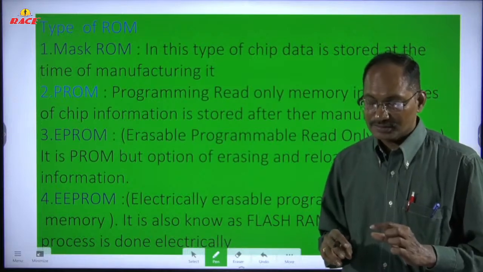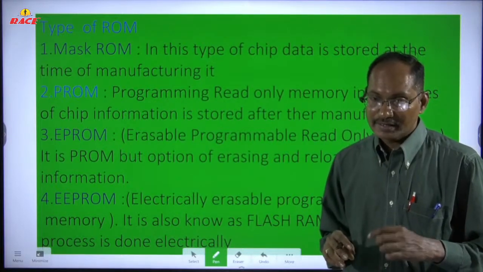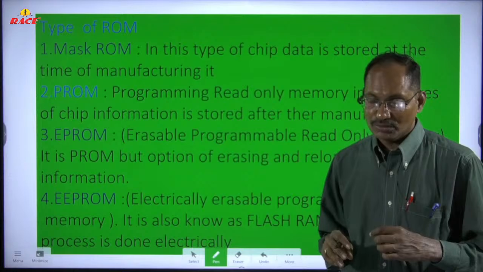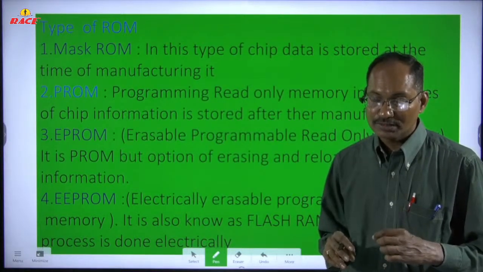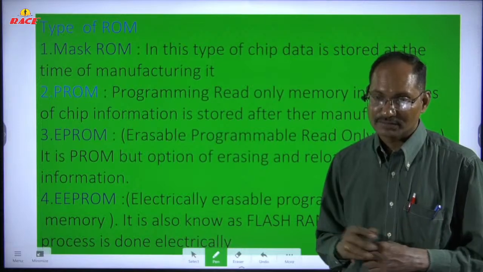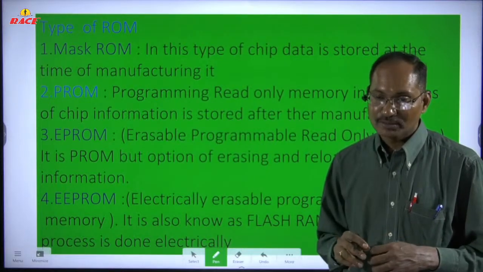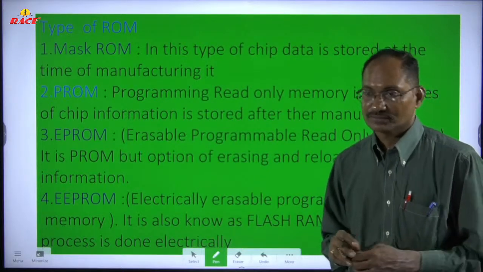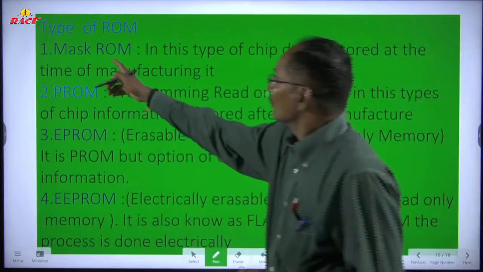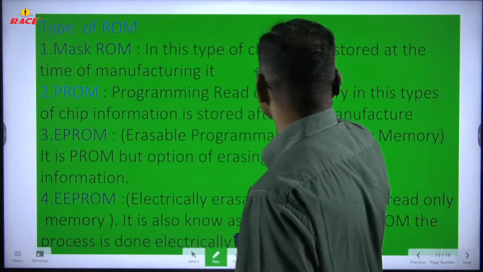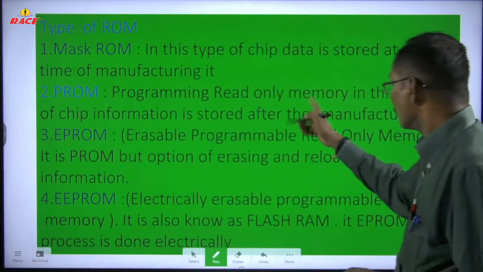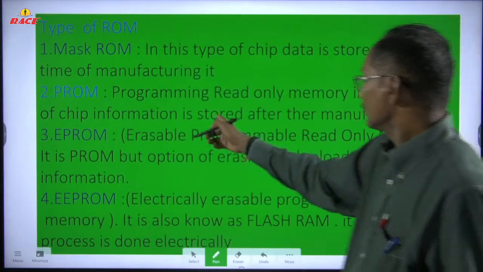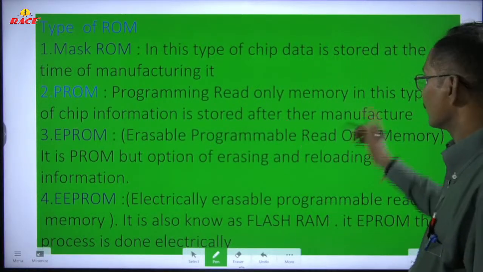Once the computer is on, if you want to update the ROM, it is possible using the flash programming option. Using flash programming, we can edit the program and change the BIOS. Mask ROM: the data is stored in the chip at manufacturing time. PROM, programmable read-only memory: the information in the chip is stored after manufacture.